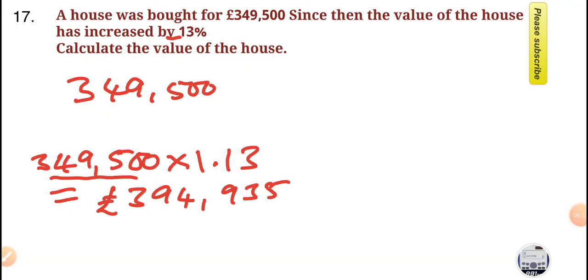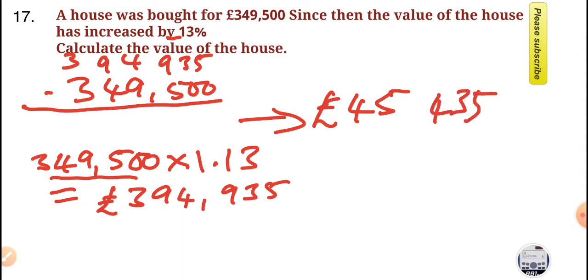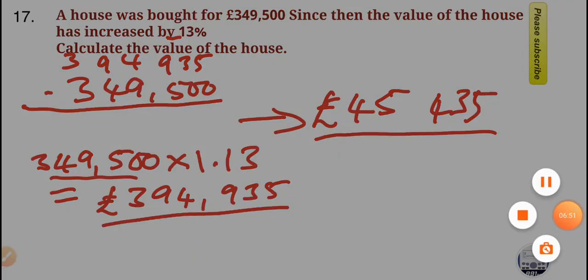So what's the new value? The new value is 394,935, and when you subtract the two, you get your answer, 45,435. So if they asked you how much has it gone up by, this would be the answer. If they asked you what's the new value, this would be the answer.